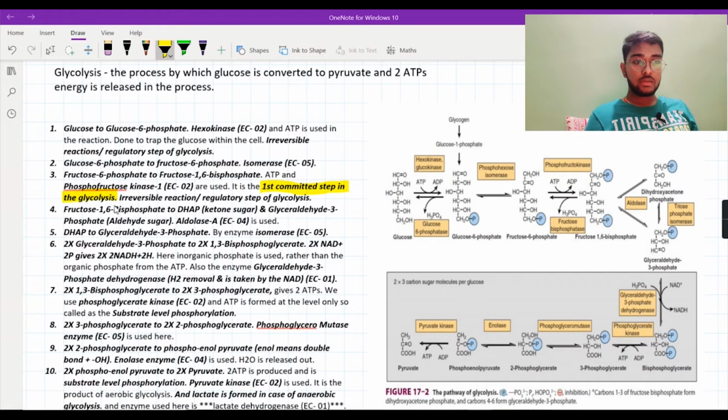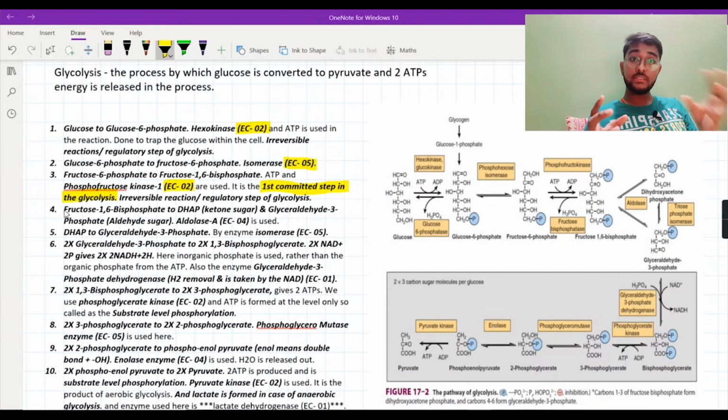And note that I have also written down the EC numbers of various enzymes. In exams, EC numbers can be asked for any enzymes of any pathway, so we need to remember this also. So in the fourth step, fructose 1,6-bisphosphate is converted to DHAP and glyceraldehyde 3-phosphate. DHAP is basically a ketose sugar, and the aldehyde sugar is glyceraldehyde 3-phosphate.